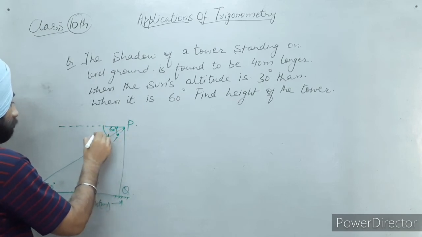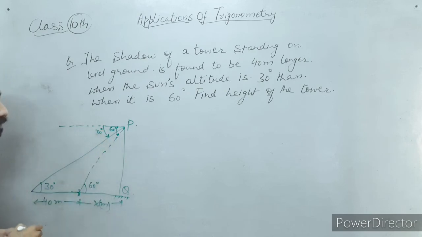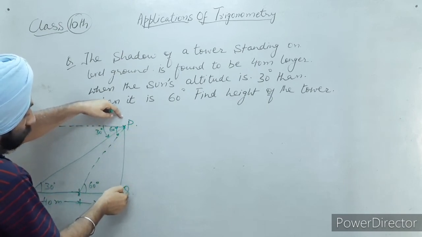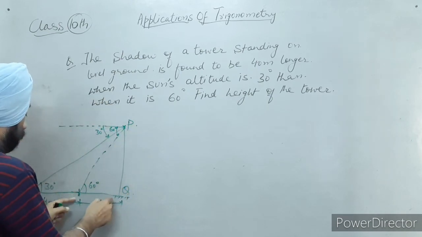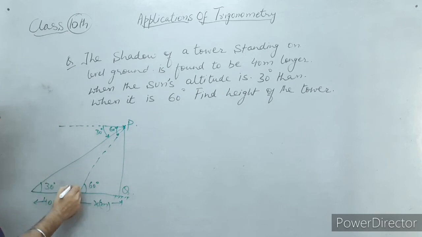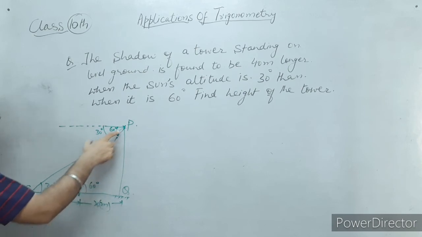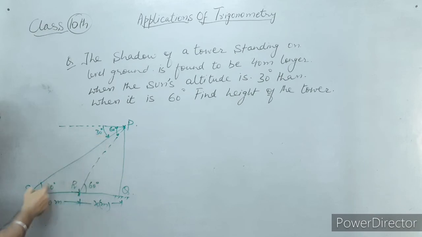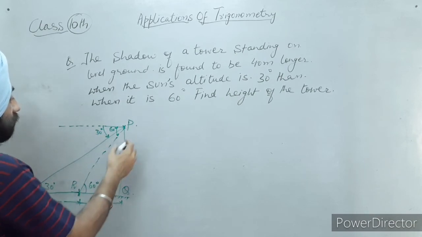Secondly, it was 30 degrees. This was the sun, position of the sun. Say the shadow PQ, shadow of the tower initially was this. Let me name it RS. When it was 60 degree, then the shadow increased by 40 meter when it was 30 degrees. Right?